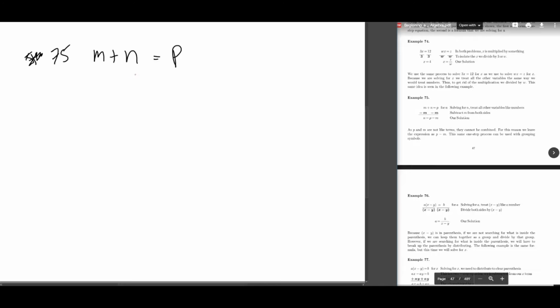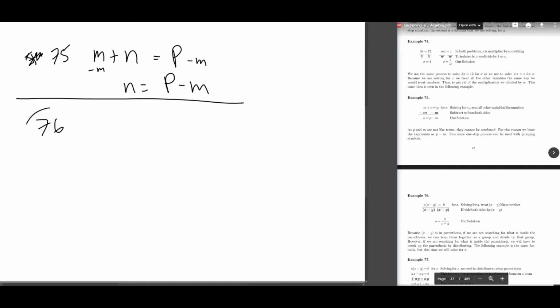And what did you do previously with variables? They want us to solve for n, treating all other variables like numbers. So we're solving for n. We subtract m from both sides, and we have, pretty obviously, n equals p minus m. So that's the way that works.